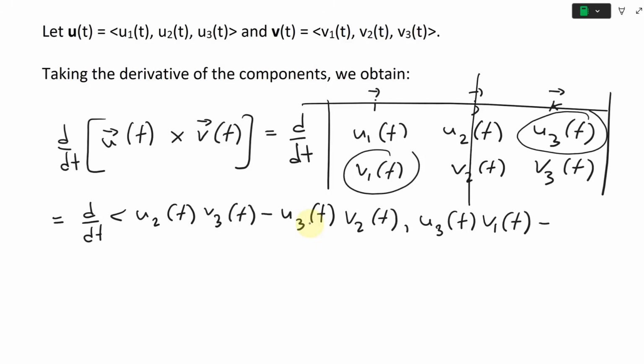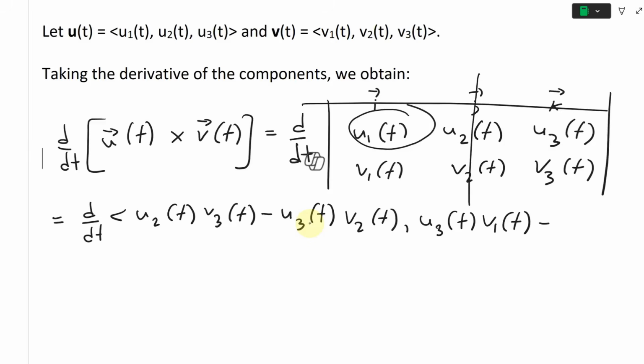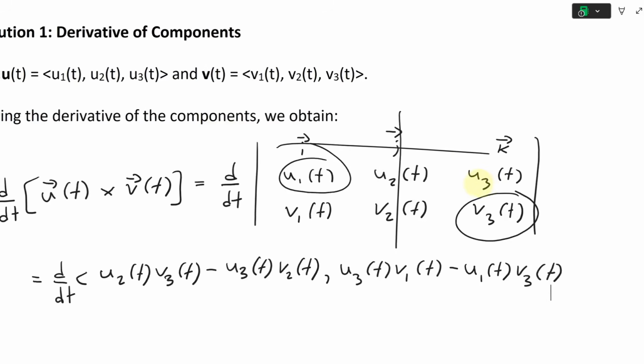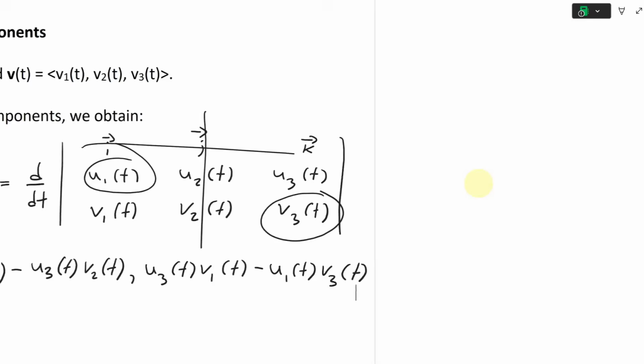and then subtracted by, now we multiply the other corners. So we get u1 of t and then v3 of t. I'm just going to keep going, then we'll shrink it.